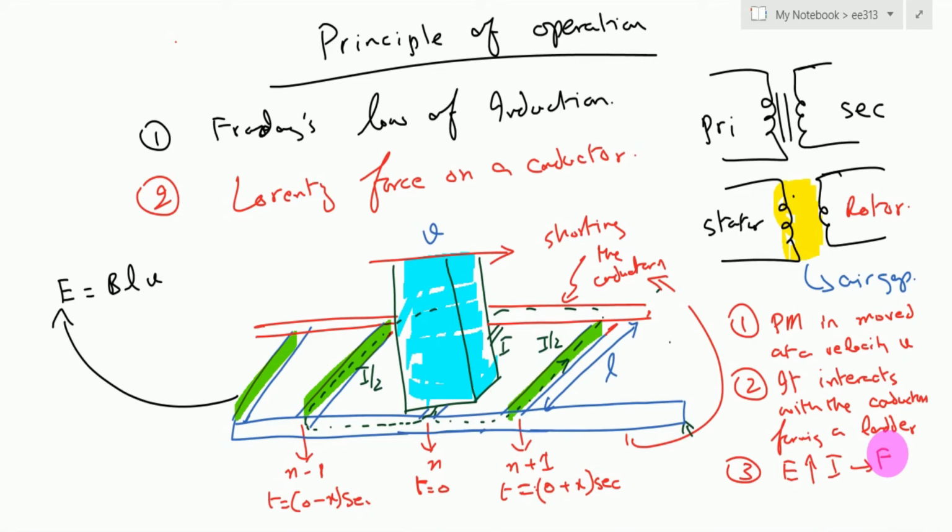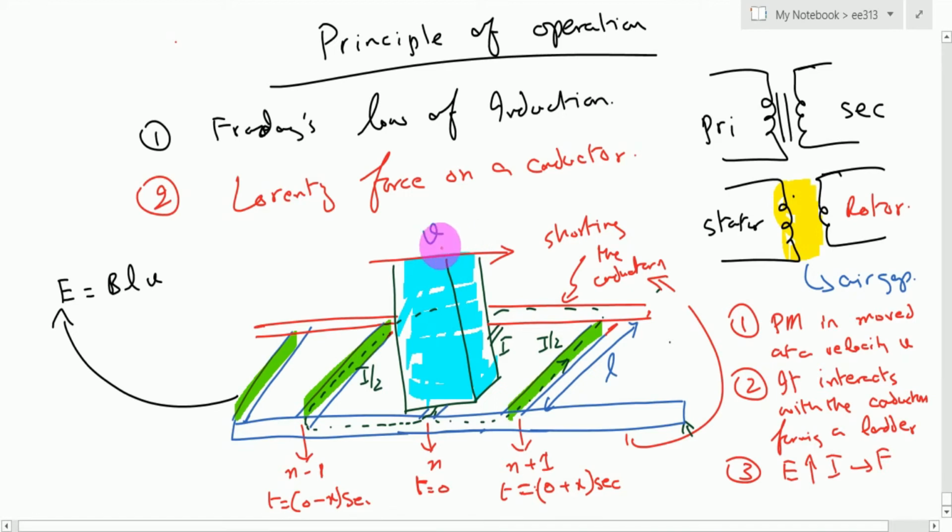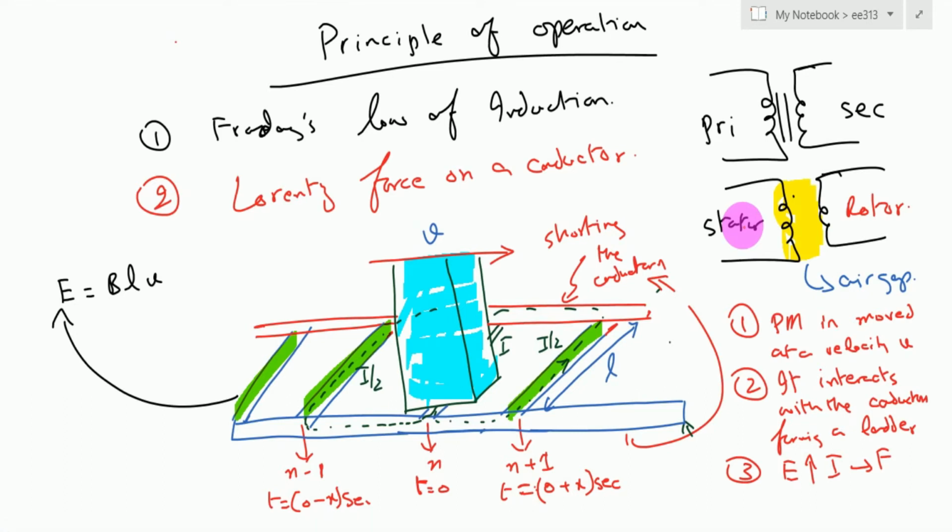Now, if the conductor ladder is allowed to move freely, then it will try to accelerate in the direction of the permanent magnet. So if this permanent magnet is moving at a velocity v towards the right side, the ladder will also try to move to the right in order to nullify the effect caused by the movement of the permanent magnet.